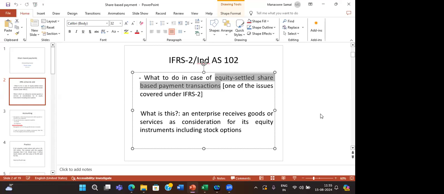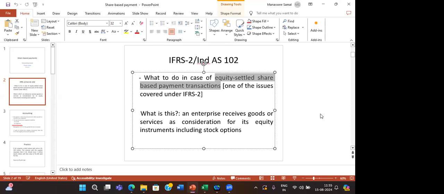Basically, the transaction value is based upon the share value, and ultimately you are settling the transaction by issuing equity shares. And in ESOP, exactly that's happening, right? So when do you think about these transactions?